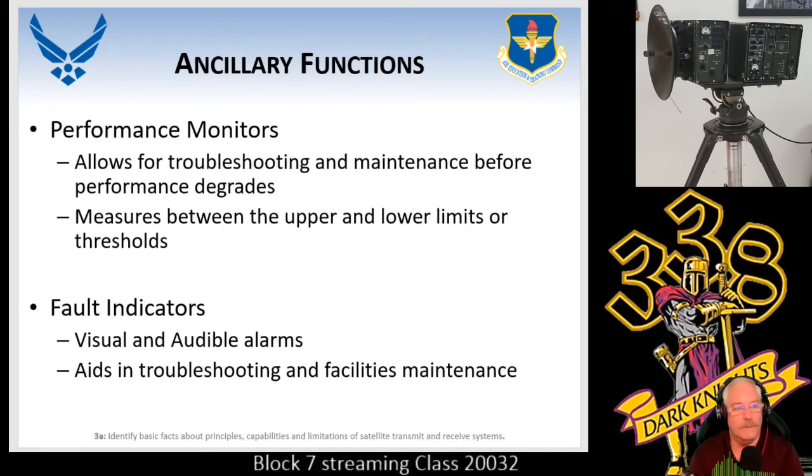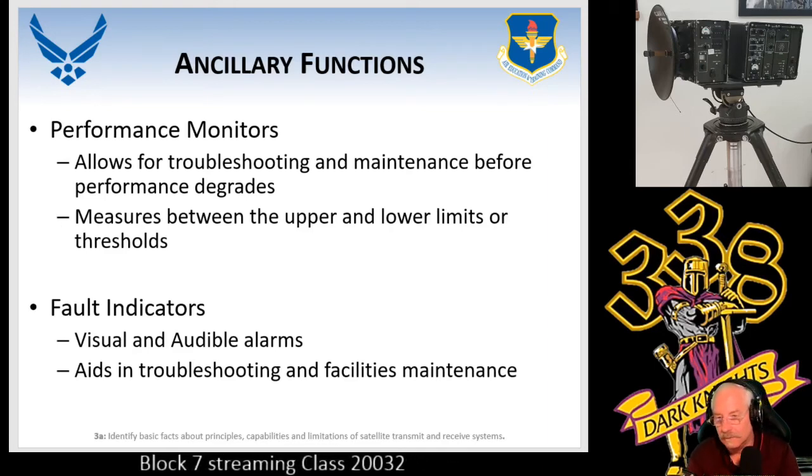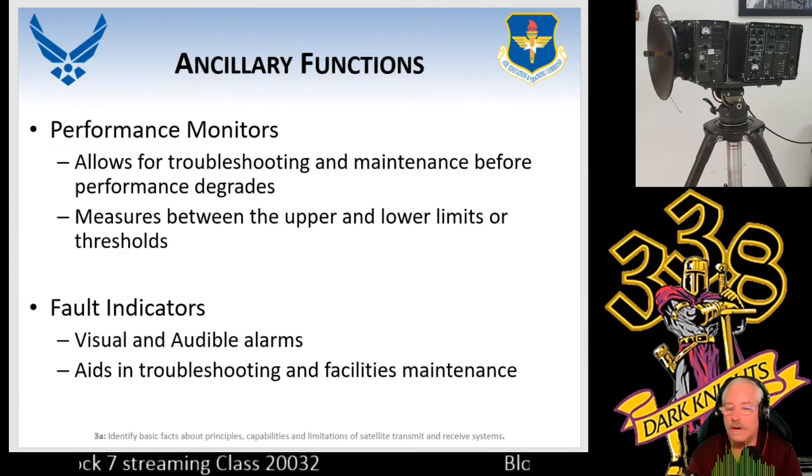Next up, we have performance monitors and fault indicators. All right, so what the heck is a performance monitor? Well, it could be a meter, it could be a light, it could be, let's just say, using your test equipment. Those are all performance monitors. It just depends on what the equipment is and what you need it to do.